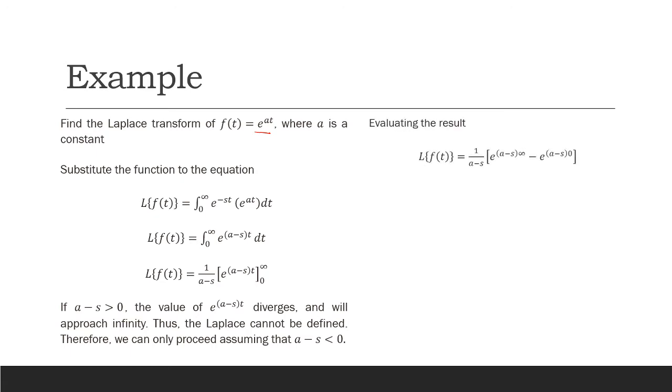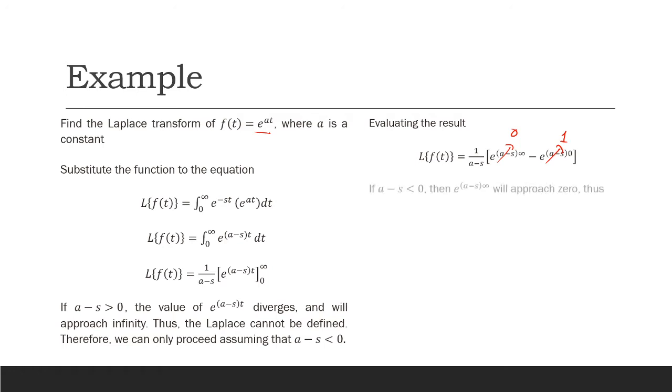Evaluating the result, and assuming that yung value ng a minus s natin is less than 0, we'll arrive at this one. We have 1 over a minus s times e raised to a minus s times infinity minus e raised to a minus s times 0. So this will become 1, as e raised to 0 is 1, and this will become 0.